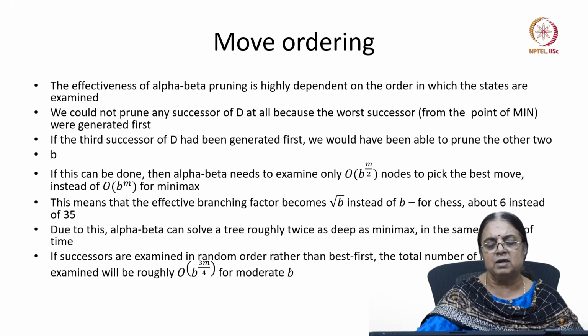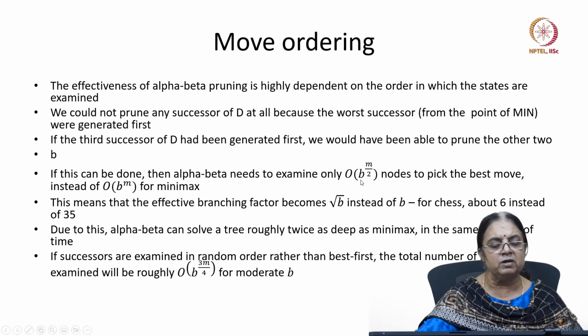But if we can examine only order of b to the m by 2 nodes, it means that the effective branching factor becomes root b instead of b. We saw what effective branching factor is in the previous session. For chess, where b is around 35, the effective branching factor will be about 6. So that makes a lot of difference.